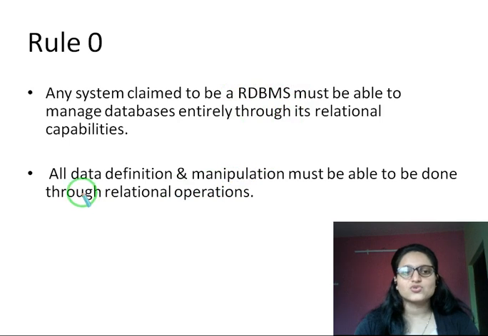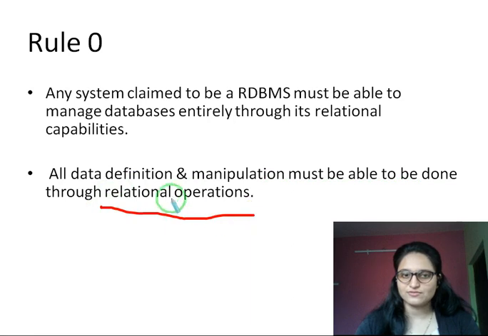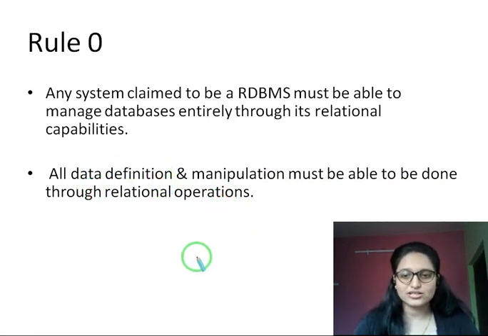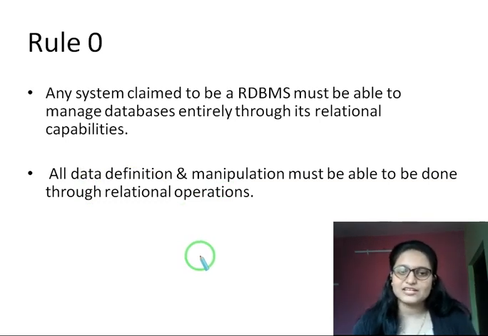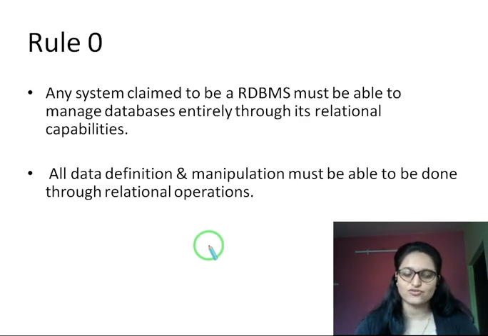Okay. So all the data definition and manipulation must be able to be done through relational operations. Yes, what is relational operation? It is related to the relation, that is table, row that is tuple, column that is attribute, in the form of tabular format or relation format.